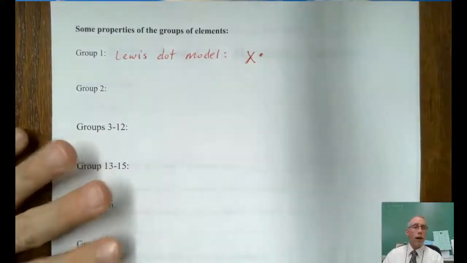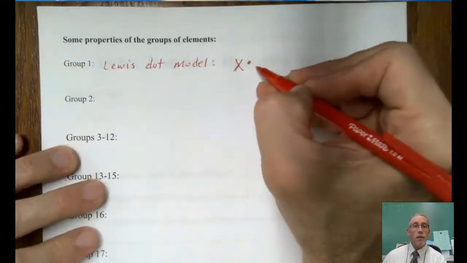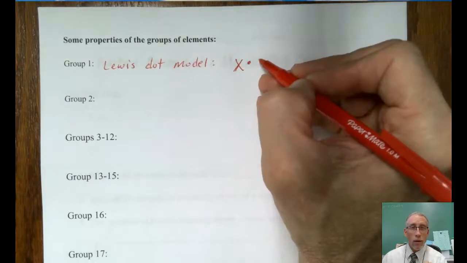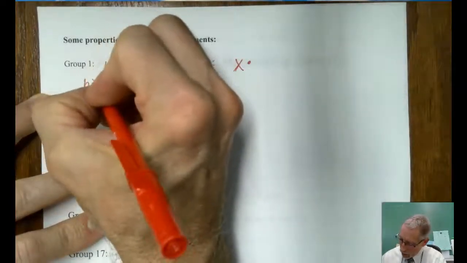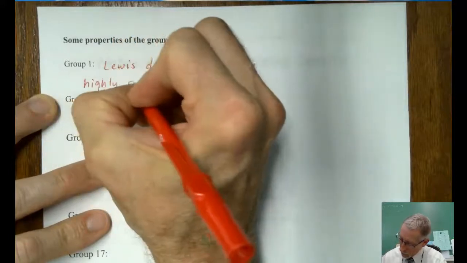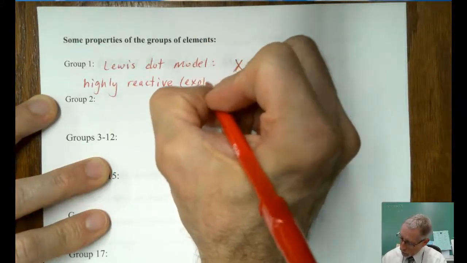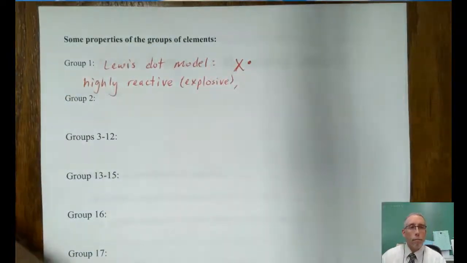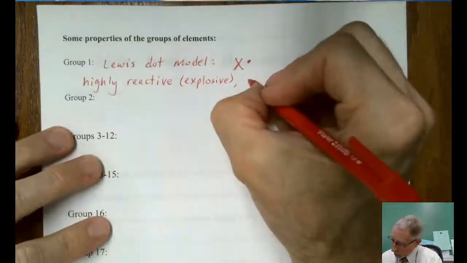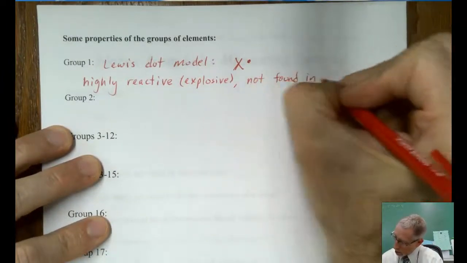And they have one dot on there, okay? So because they are one electron away from having a full outer energy level, it makes them highly reactive. Even explosive elements. And that also means they are not found in element form.